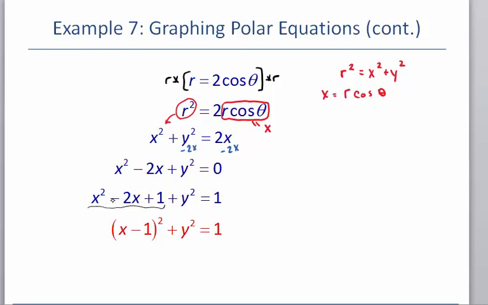And then we could factor the x squared minus 2x plus 1 into x minus 1 times x minus 1. So this is the equation of a circle with center 1, 0 and radius of 1. So this is an option as well, although it's pretty heavy on the algebra skills.